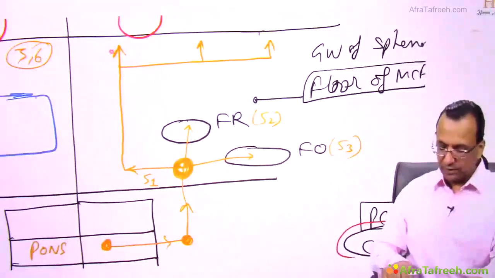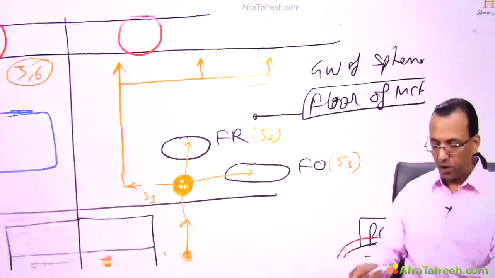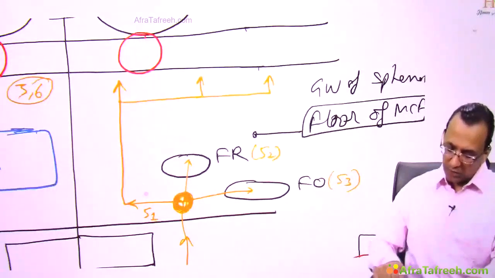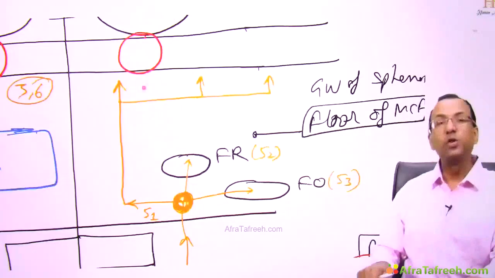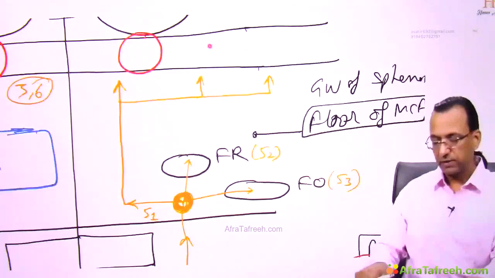Can you tell me what are the three branches of the ophthalmic trigeminal nerve then? And who is passing inside the ring of Zinn? Who is outside the ring of Zinn? This is the discussion.